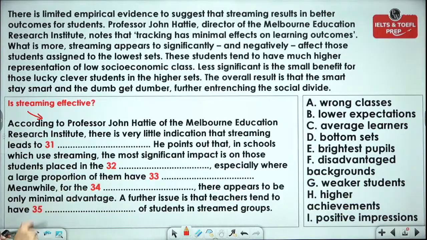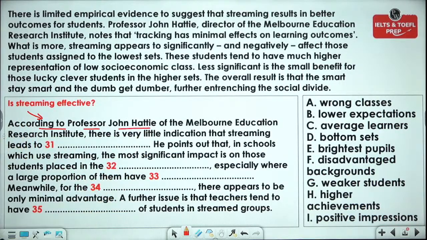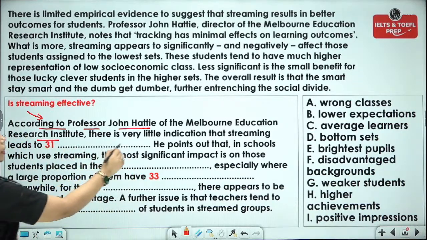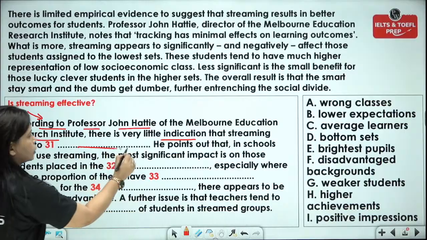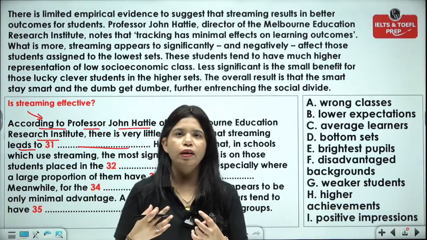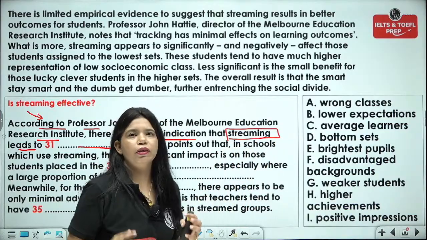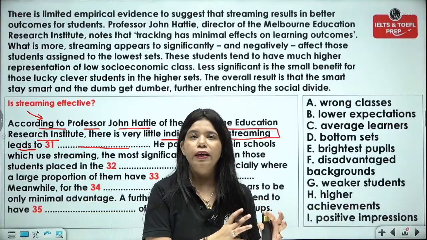Let's read this together. It says, according to Professor John Hattie of the Melbourne Education Research Institute, there is very little indication that streaming leads to dash. Now, in the context of education, what does this word streaming mean? In the context of education, streaming means clubbing students of same capabilities together.